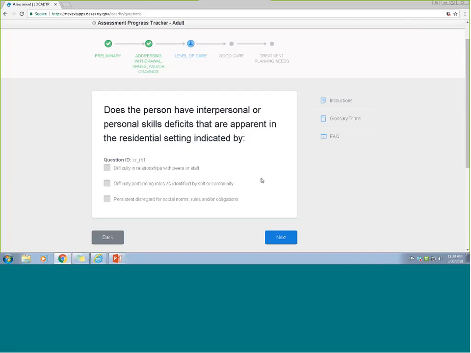So one of the indicators that a person may need to remain in that level of care is that some of these patterns of behavior are actually present within the community in the residential program. You would check any of these that apply, and if they do not apply, you would leave them blank. So in this case, Connie, let's say that the person is continuing to have some interpersonal difficulties with other residents of the program and staff.